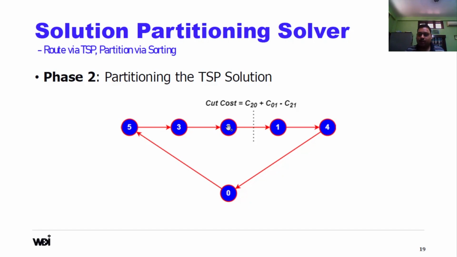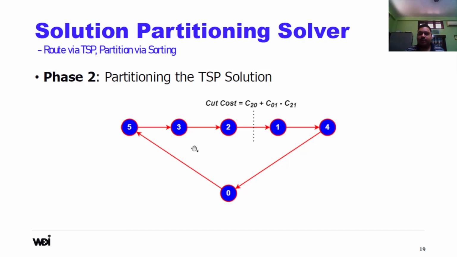So the first vehicle would have to travel an additional distance corresponding to the cost between 2 and 0. And similarly, the second vehicle, which will travel route 0, 1, 4 and back to 0, will have to cover the additional distance C01. Except no vehicle will really cover the distance between 2 and 1. So the additional cost incurred if we cut the route at the edge between 2 and 1 is C20 plus C01 minus C21.